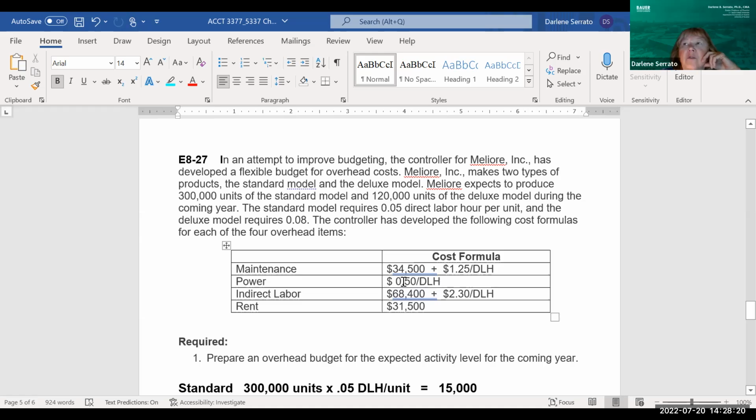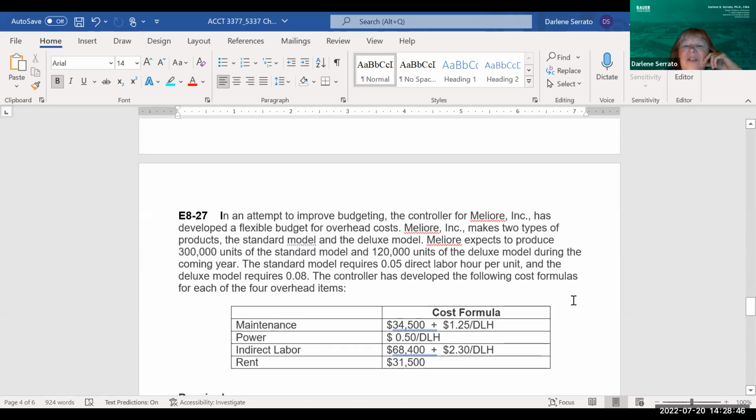Power is all variable at 50 cents per direct labor hour. Indirect labor is mixed. It has a fixed portion of $68,400 plus a variable rate of $2.30 per direct labor hour. And then rent is all fixed at $31,500.